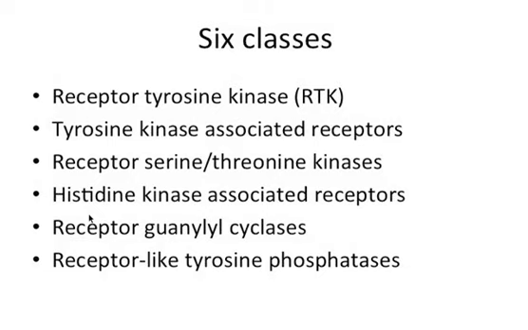And then the other category, so those are ones with intrinsic kinase activity. The other category are kinase associated receptors. Here there are a bunch of different kinds, but they all fall into those 2 categories. What might be the difference between a receptor with intrinsic kinase activity and a kinase associated receptor, just based on the words?